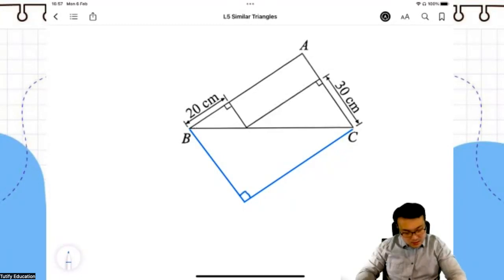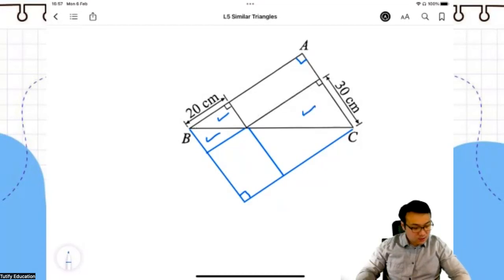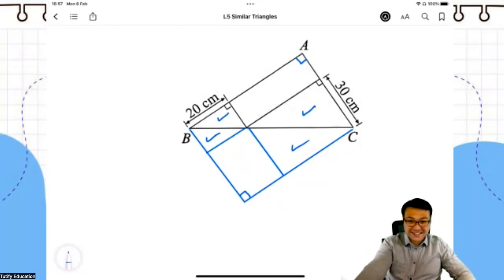So this is 90 degrees, this is also 90 degrees. And let's draw a line here, and a line here. All right, everyone, do you agree that this triangle is an exact duplicate of this triangle, and this triangle is an exact duplicate of this triangle? That means the areas are the same, right?